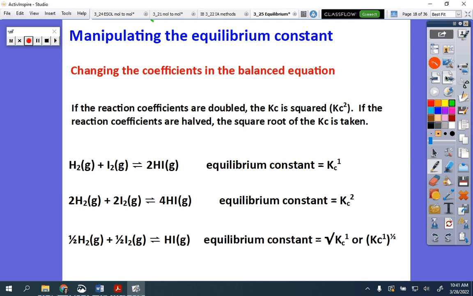And if we halve them, then we're going to take the square root, or take it to the 1/2 power. So whatever we do to the coefficients becomes the exponent of Kc to calculate the new Kc. This is definitely in your study guide, and of course I didn't put the page on here.